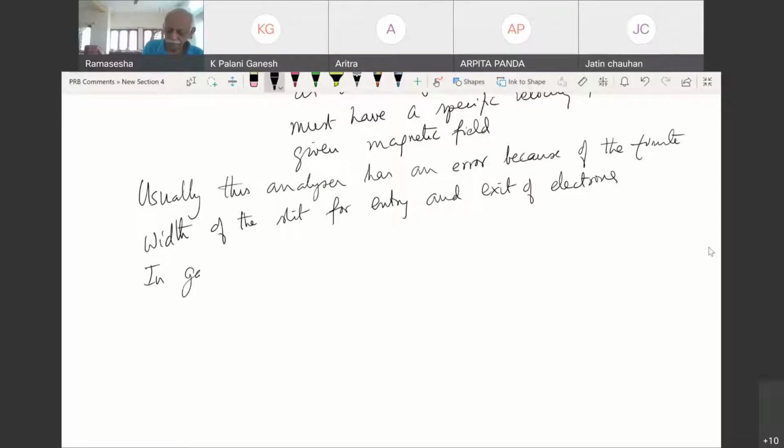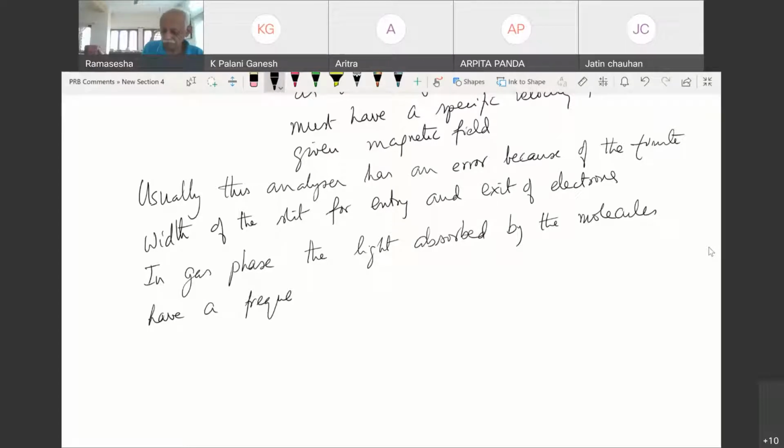The line absorbed by the molecules has a frequency depending on the relative velocity of the molecule.